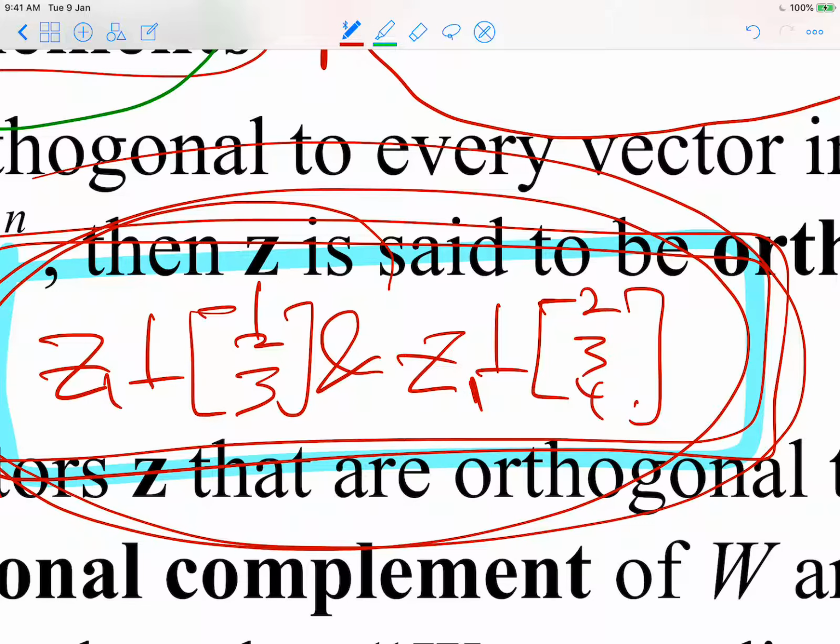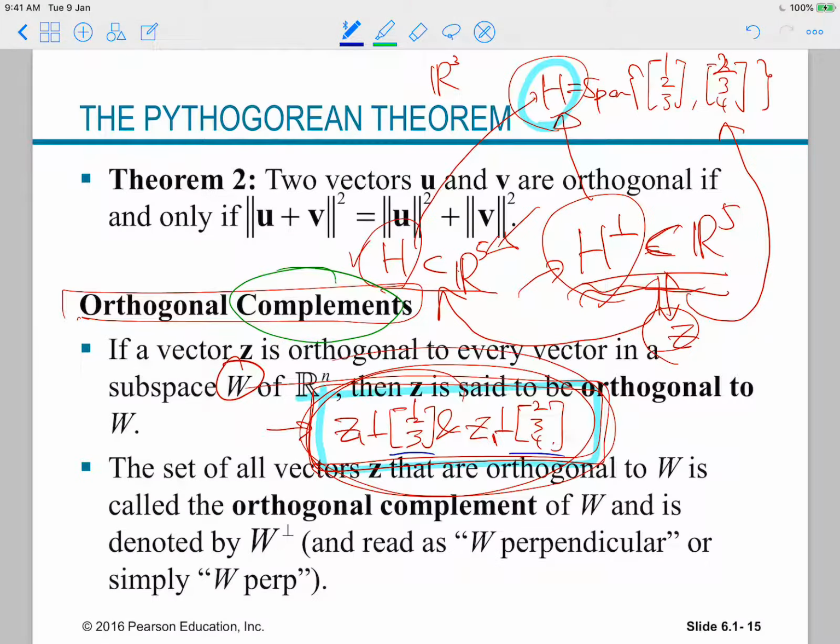For example, if W is spanned by these two vectors, then our W perpendicular, the orthogonal complement to this subspace, contains the vector that is orthogonal to only those basis vectors of our subspace. And then it leads us to the fact that a vector orthogonal to these two basis vectors is also orthogonal to any vector which is a linear combination of these two vectors, right?